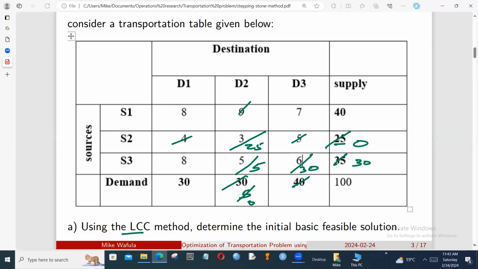So that destination 3 will now remain with 10 more to attain its requirement, but then source 3 will now be depleted.